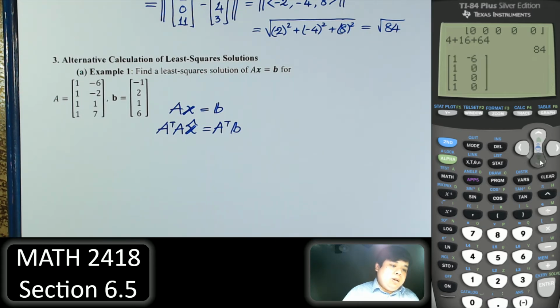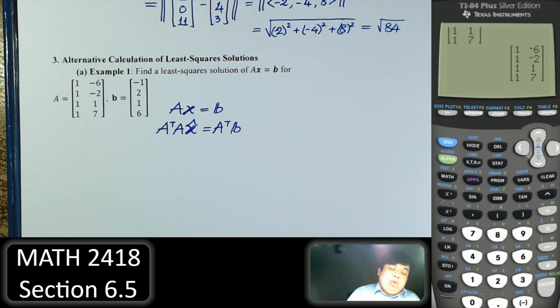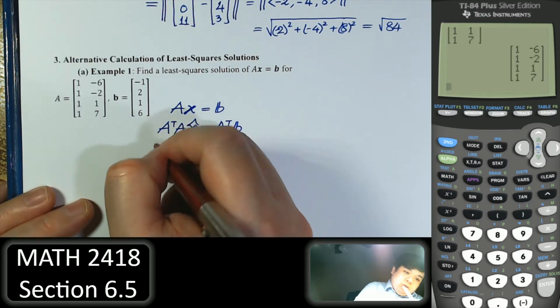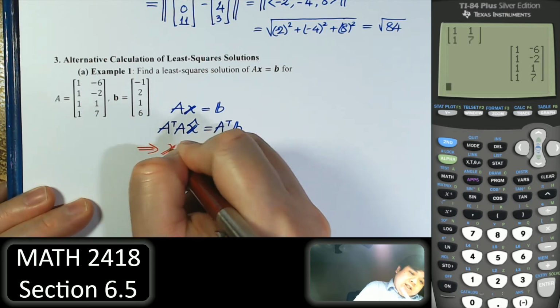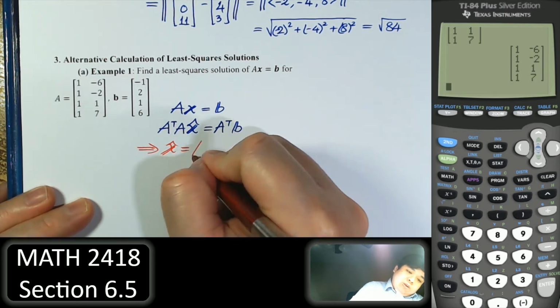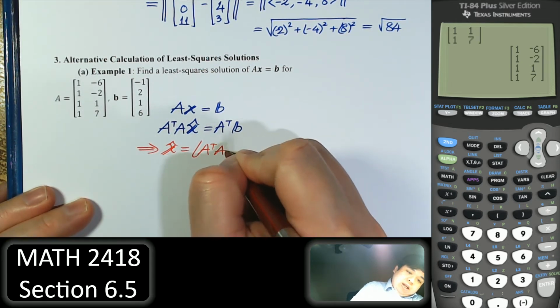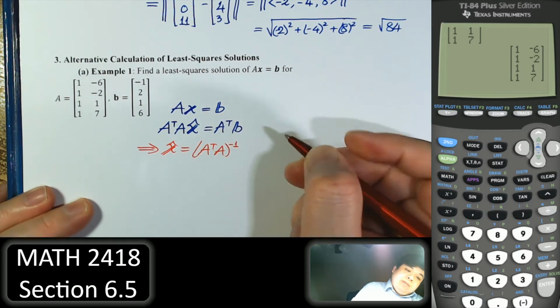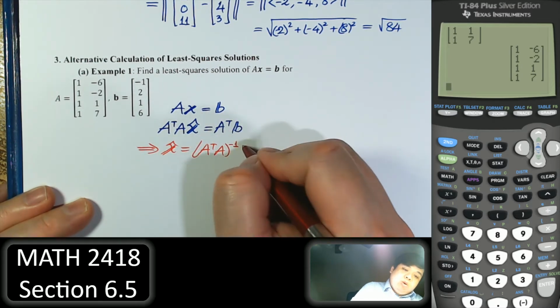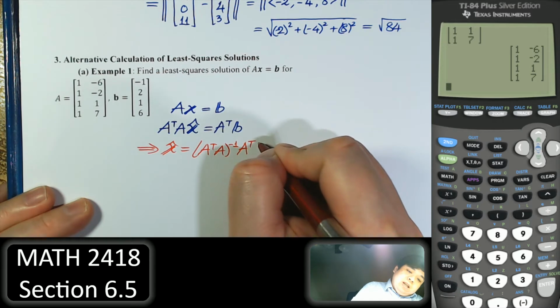Minus 6, minus 2, 1, and 7. Right, let's use the pseudo inverse this time. The solution is what? x hat equal to A transpose A inverse. Multiply on both sides, and then we have this.